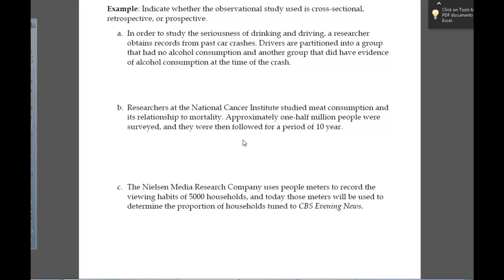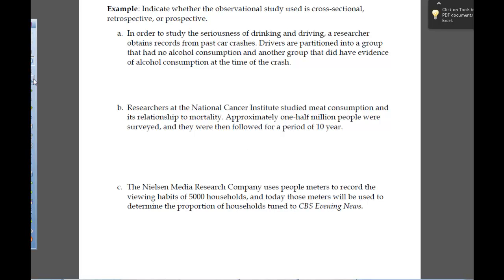Okay? In order to study the seriousness of drinking and driving, a researcher obtains records from past car crashes. Drivers are partitioned into a group that had no alcohol consumption and another group that did have evidence of alcohol consumption at the time of the crash. What type of study would you say that this is?